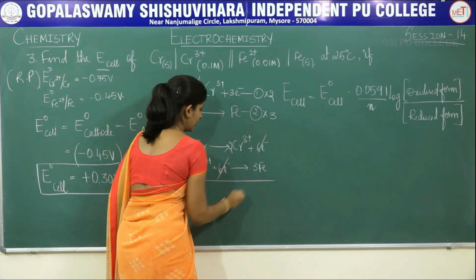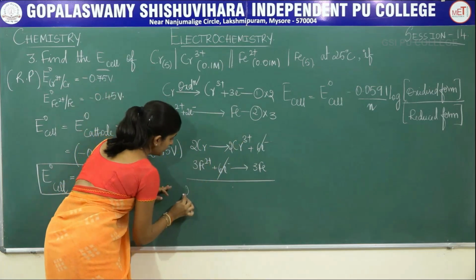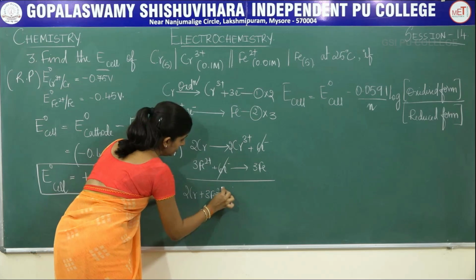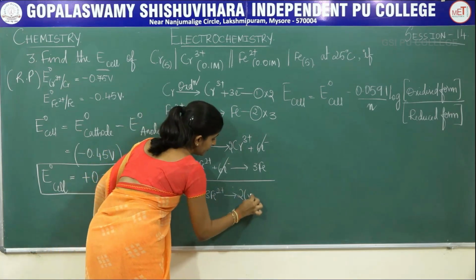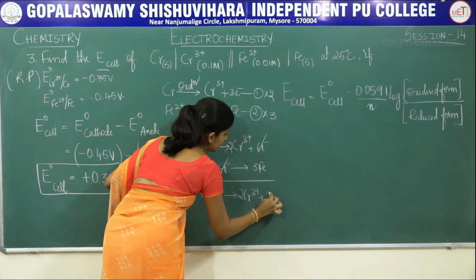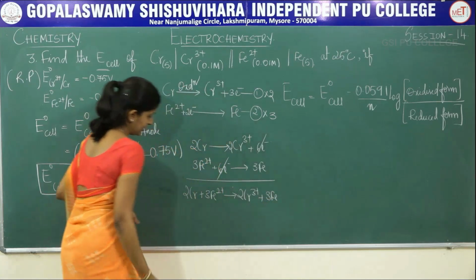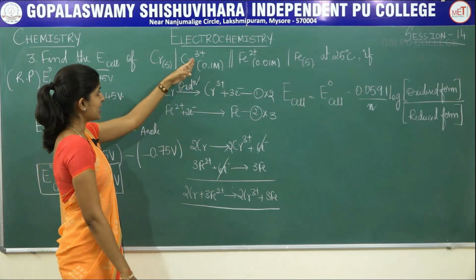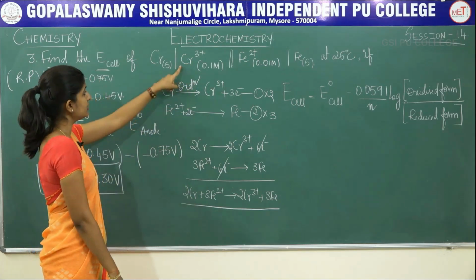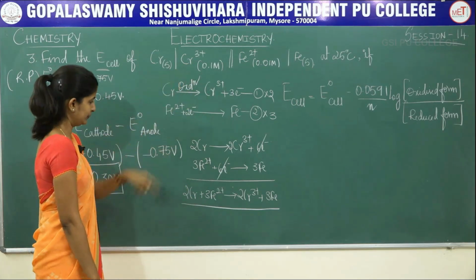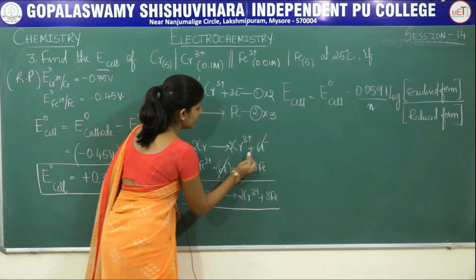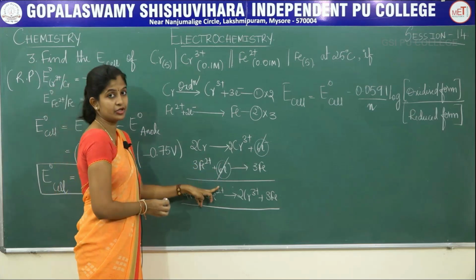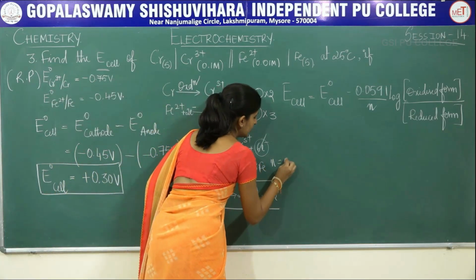Now I can cancel the 6 electrons to get 2 moles of chromium plus 3 moles of iron 2 plus giving rise to 2 moles of chromium 3 plus plus 3 moles of iron. So this is your balanced redox reaction for this cell. Now if I observe the number of electrons transferred across this redox reaction, N is equal to 6 here.